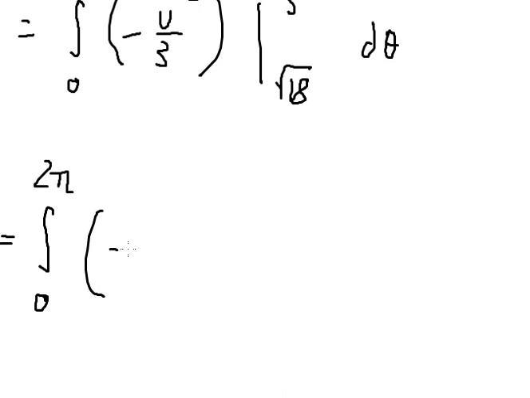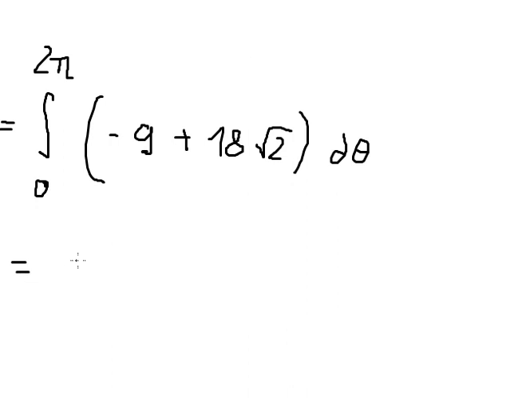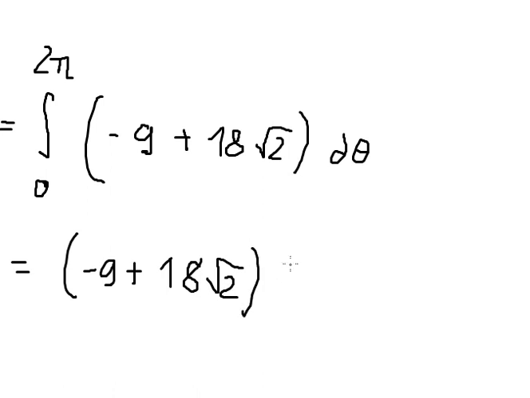So we have negative 9 plus 18 with the square root of number 2. And now we have the final answer in here. Because this is 0, it should be minus 0. So I just write like this.